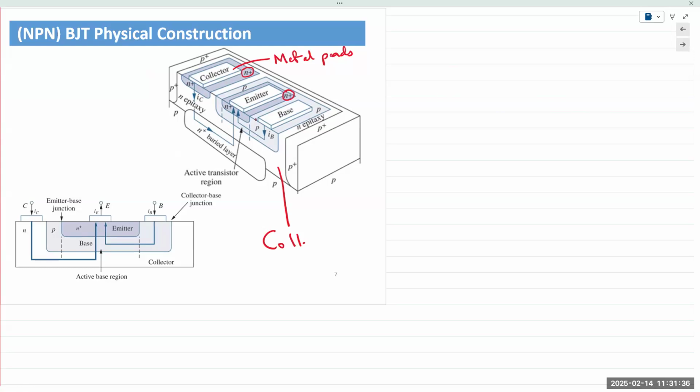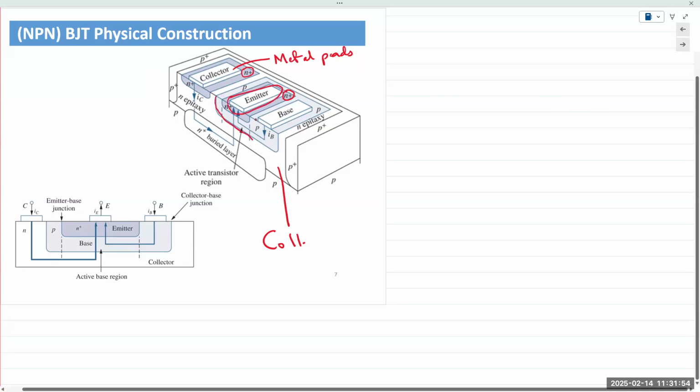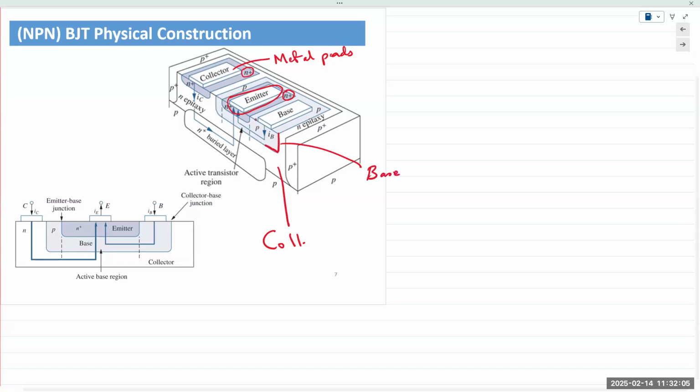The plus sign simply refers to a higher number of charge carriers compared to the other structures. So you have the base, and then you have the emitter inside the base, just right here. This entire section would be the base, and of course then the emitter inside it.